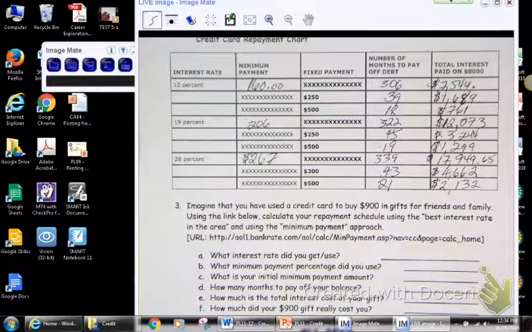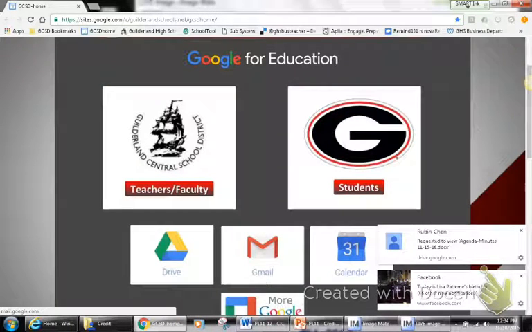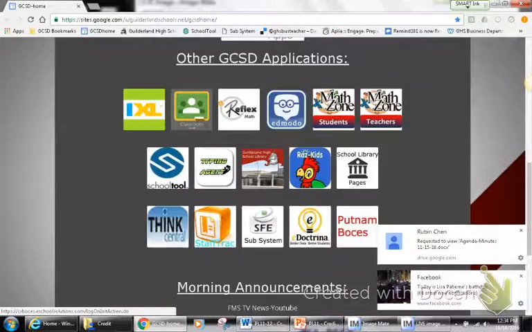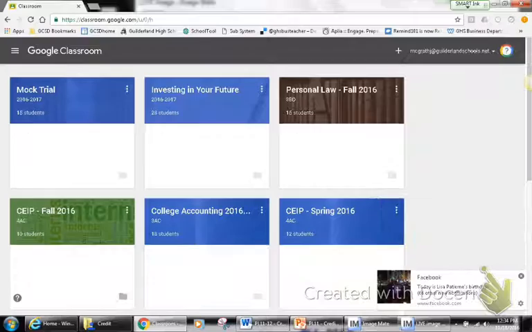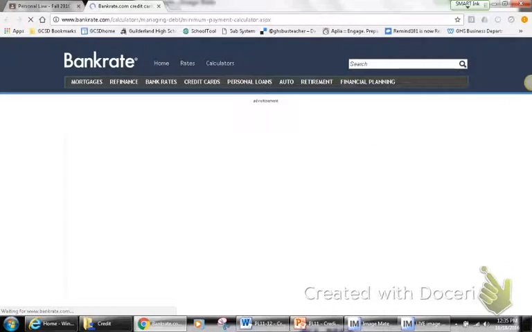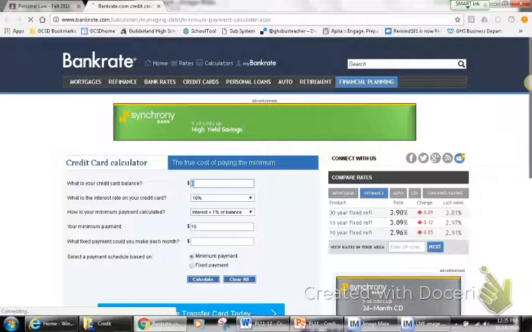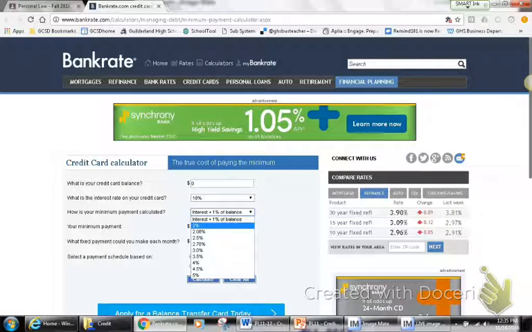Okay. Let me switch gears and go over to the calculator. Just so I don't have to type the whole thing in, I'm going to go in here. Okay, so on this one, see how it says interest rate plus the balance of 2%.